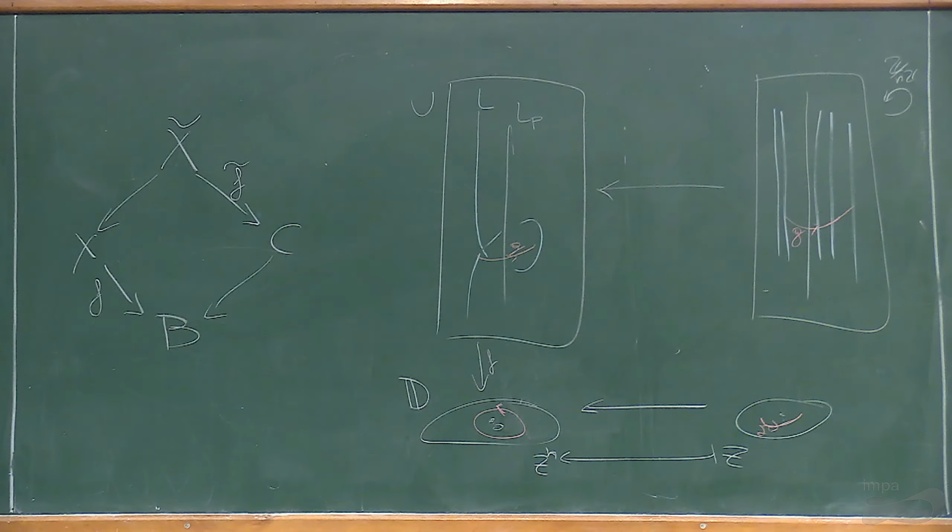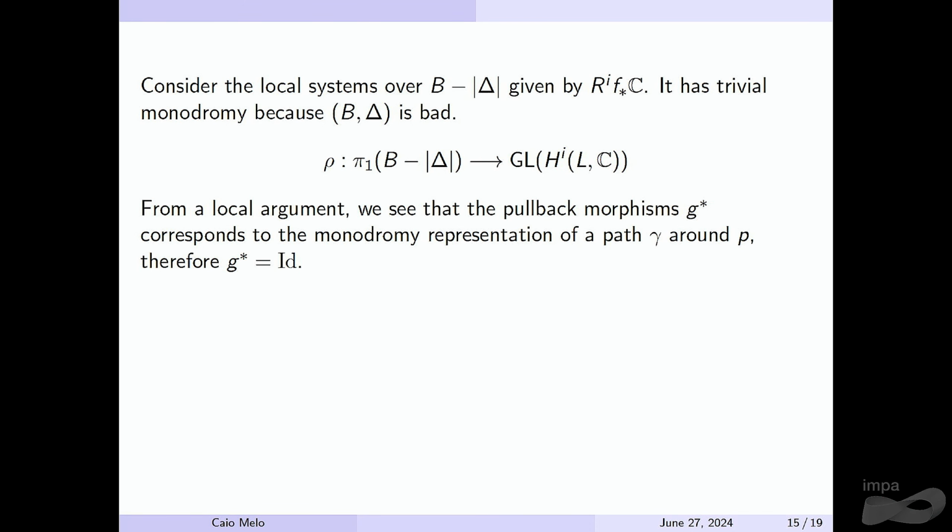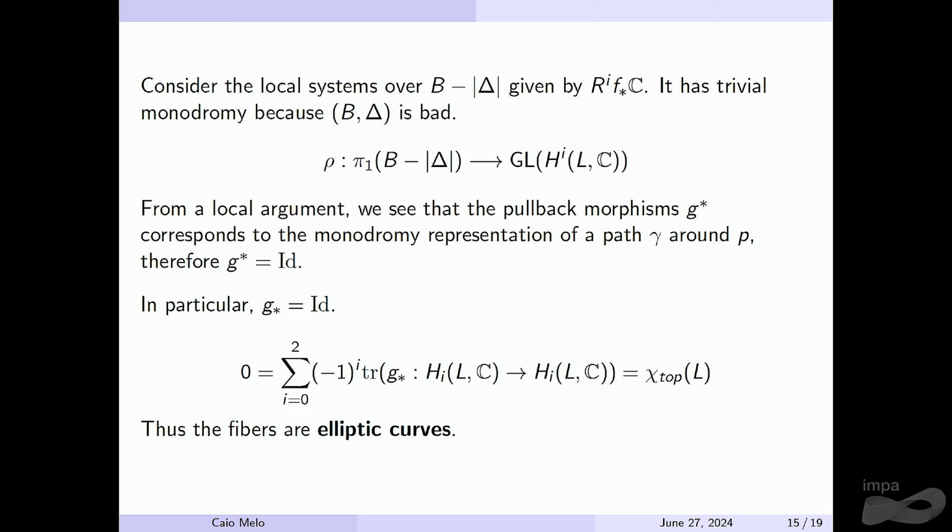And so since the monodromy is trivial, the pullback map for this G is always trivial. And since the pullback is trivial, the map inducing the homology must be trivial. And so we can simplify the equation for Lefschetz. Basically, it's the topological Euler characteristic. And since it's 0 and L is a curve, it must be an elliptic curve.